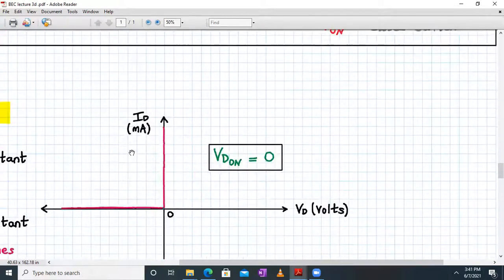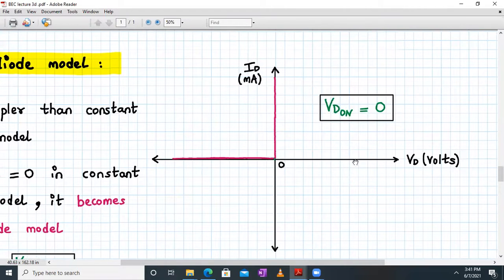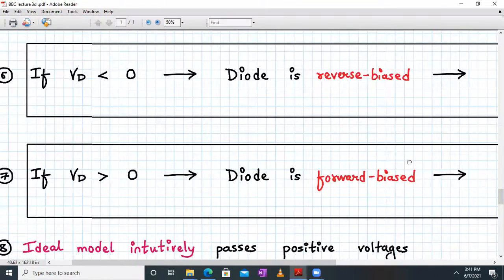Okay, and lastly we have seen the ideal diode model where VD on is equal to zero. It is very simple over here. If VD is greater than zero, the diode is forward biased and replaced by a closed switch, and if VD is less than zero, the diode is reverse biased and replaced by an open switch, as you can see over here.